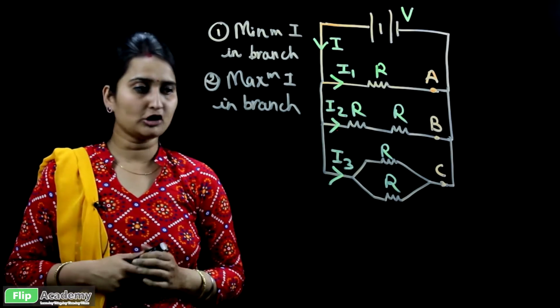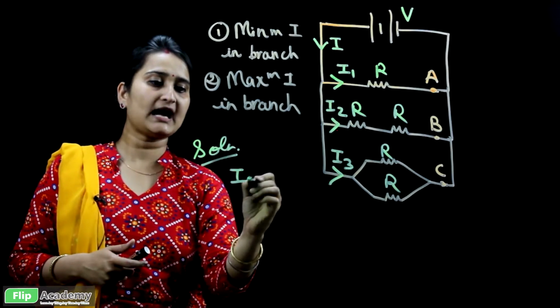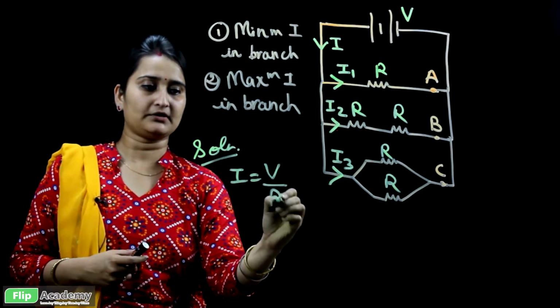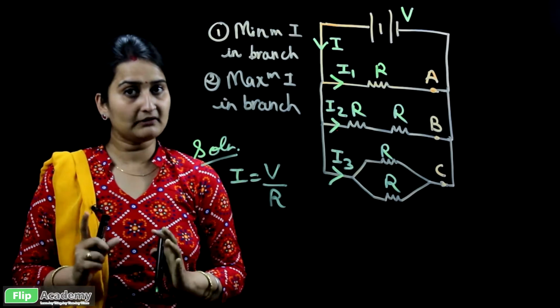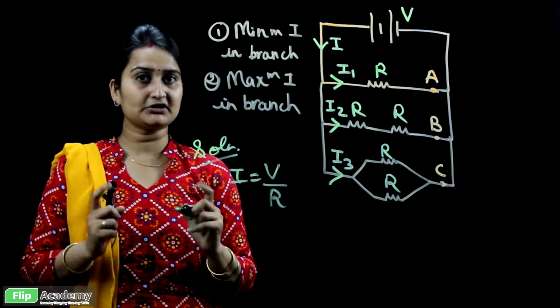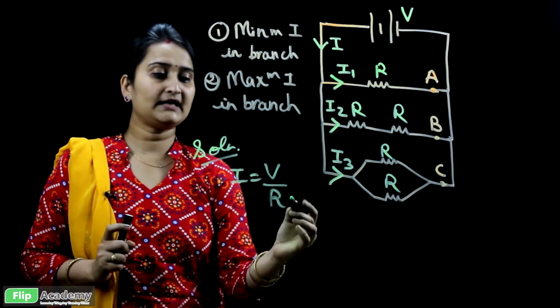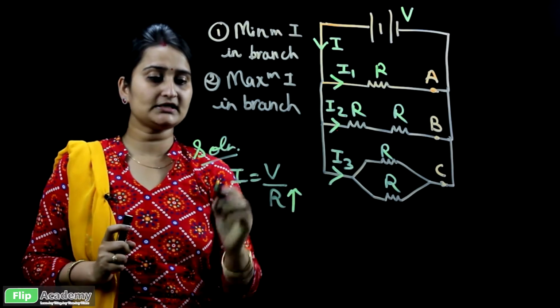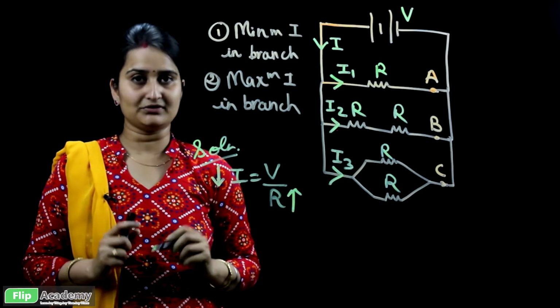You know Ohm's law: I is equal to V upon R. Just look at this formula very carefully. In this formula, the current and resistance are inversely proportional to each other. That is, when resistance increases, the current decreases.